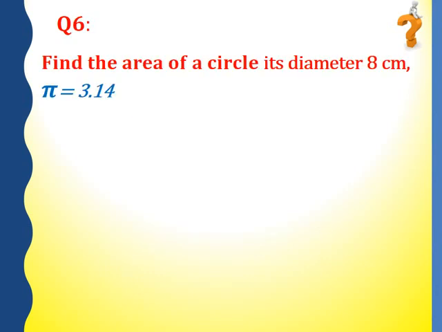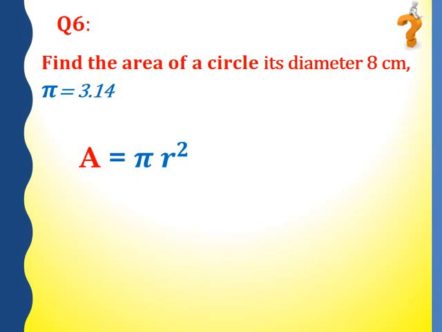Here I need to find the area of a circle. Its diameter is 8 centimeters, and I have pi equal to 3.14. Let's remember the rule of the area of a circle: area equals pi r squared. I don't have the radius in the question, but I have the diameter.